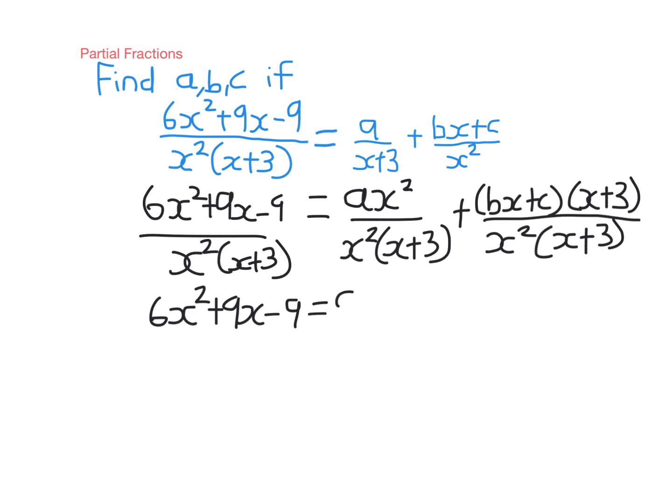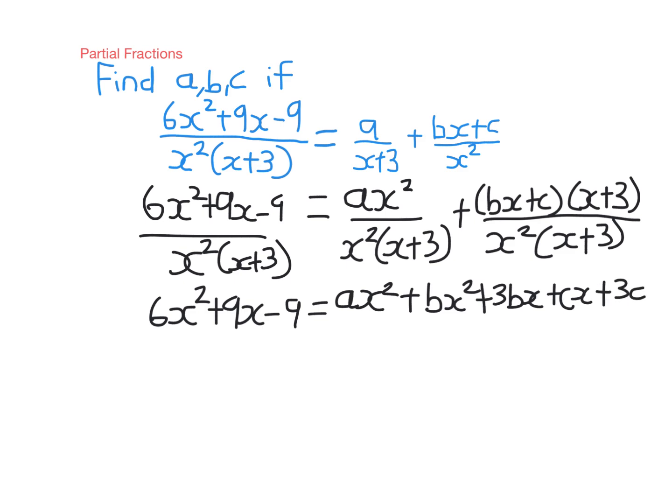So we'll leave the ax squared as it is. What we're going to do is expand the brackets here using FOIL. So remember, when you expand, you need to multiply everything in the first bracket by everything in the second bracket. So we go bx times x, bx times 3, c times x, and c times 3.